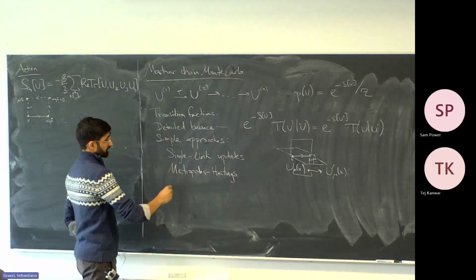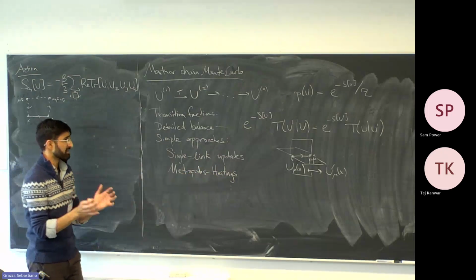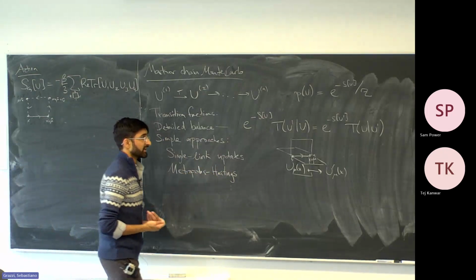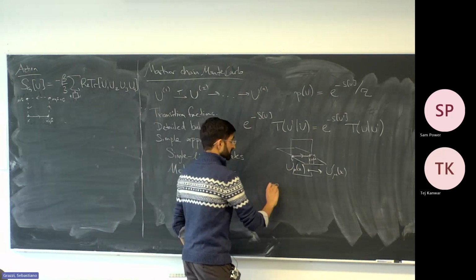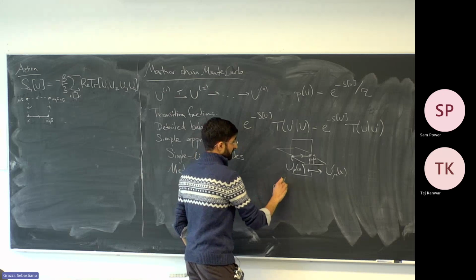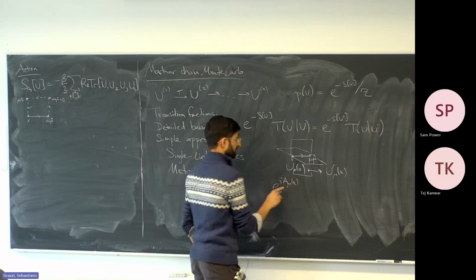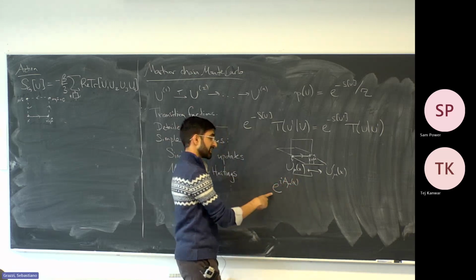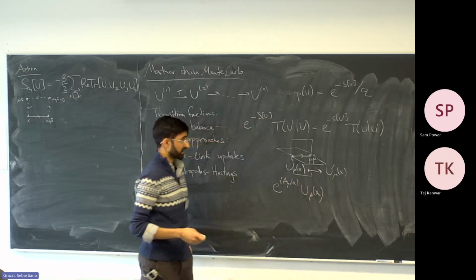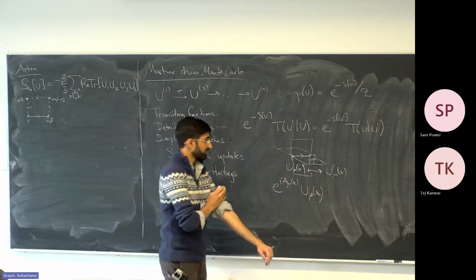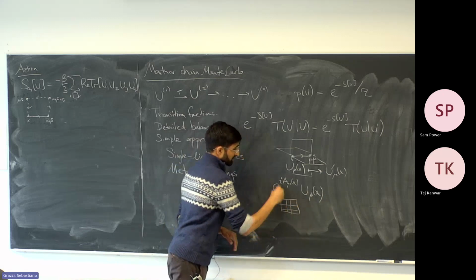A symmetric proposal should respect the fact that my variables are SU3 matrices, which makes this a little bit trickier. But one can still construct a useful symmetric proposal by sampling some 3 by 3 matrix A that can be exponentiated and multiply my link variable, my gluon, from the left. To be clear, this is really some kind of 3 by 3 matrix here.